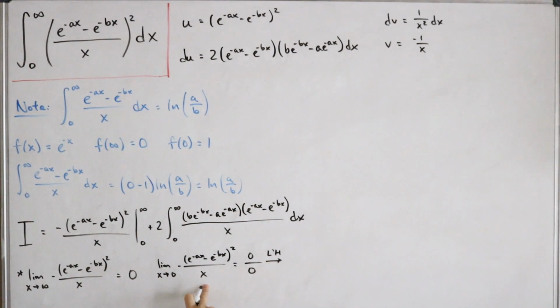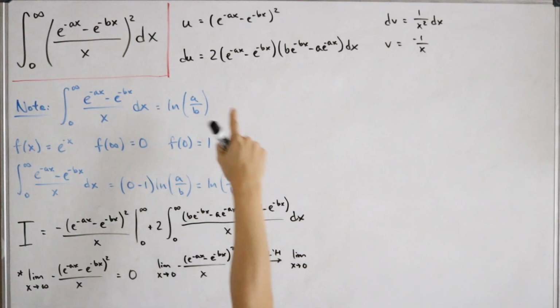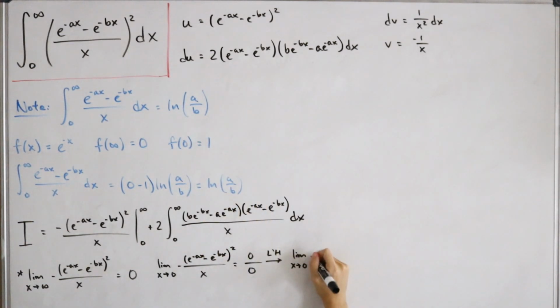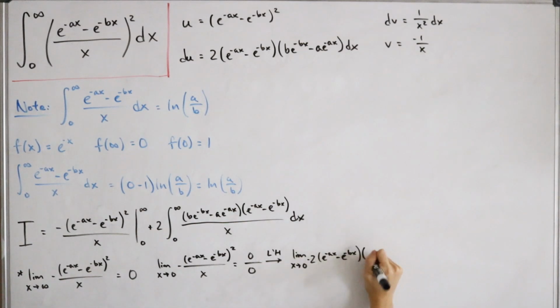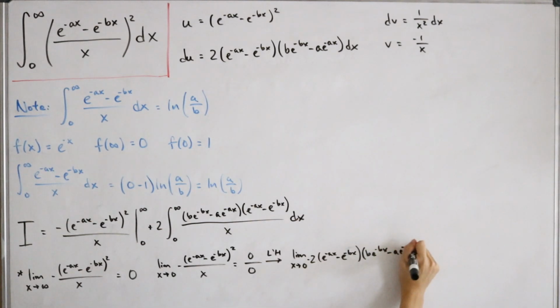The denominator is just going to be 1, so thankfully that gets out of the way. So I'm just taking the derivative of what we just did up here. Now this is going to be negative, and then negative 2, so e^(-ax) subtract e^(-bx). Let me fix that first.